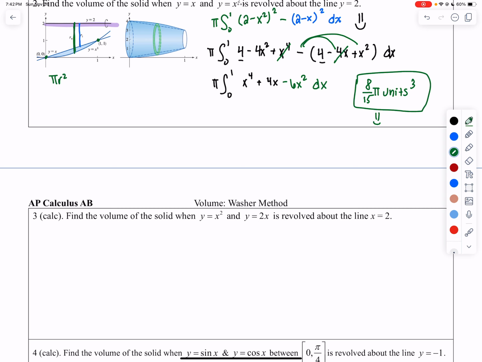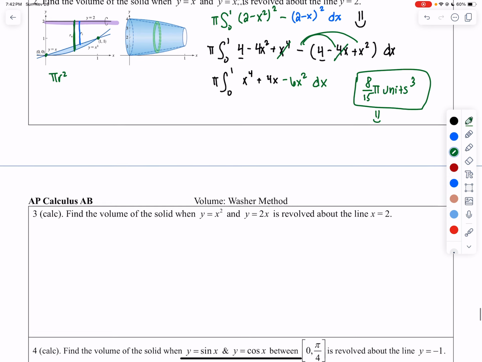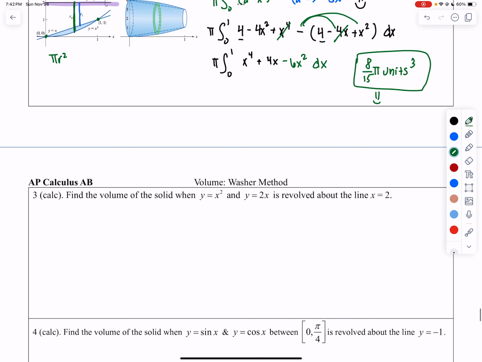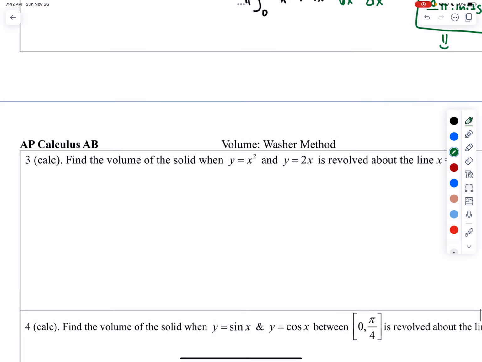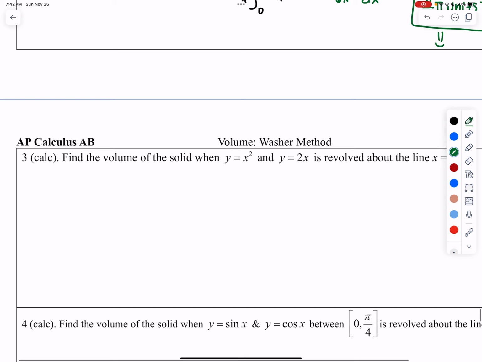So looking at, let's say, number 3, we want to find the volume of the solid when y is equal to x squared and y is equal to 2x is revolved about the line x is equal to 2. Now, the problem with this is that we don't know where the intersections are. So we are going to go ahead and probably sketch this and see where it is.